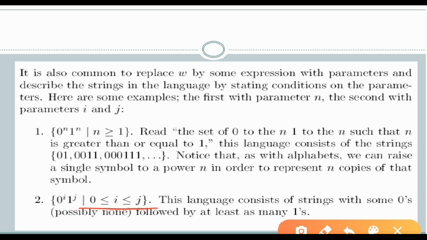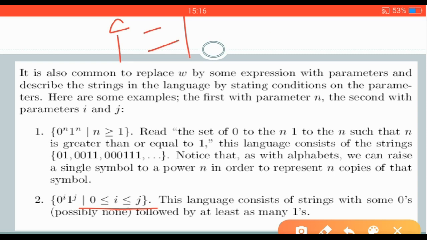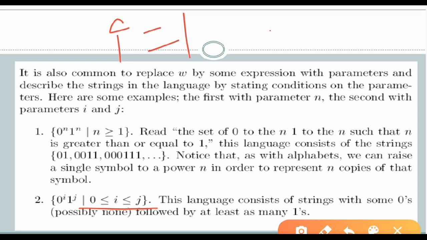Suppose I take i equals 1, then you check the condition 0 less than or equal to 1 less than or equal to, and now you need to define j. j should be greater than or equal to 1, so you can go with the element 2.